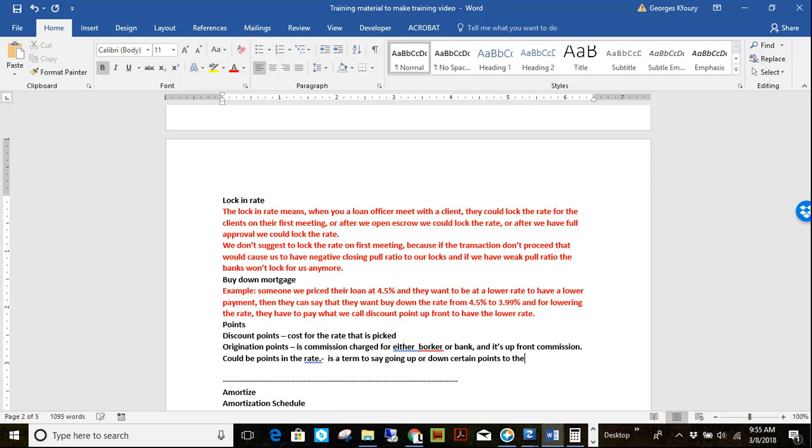For example, a rate at 4% would be the par rate, which is a rate that has no cost.